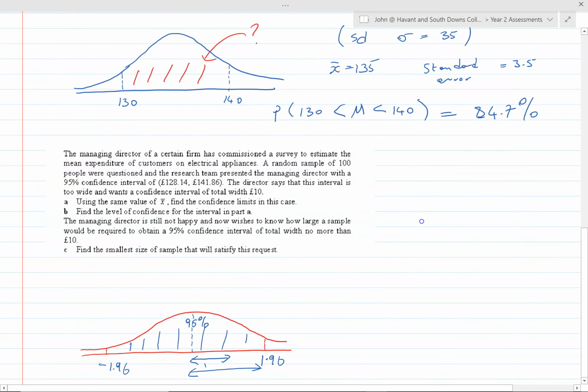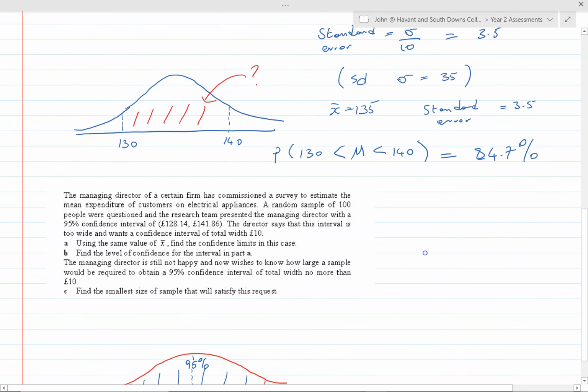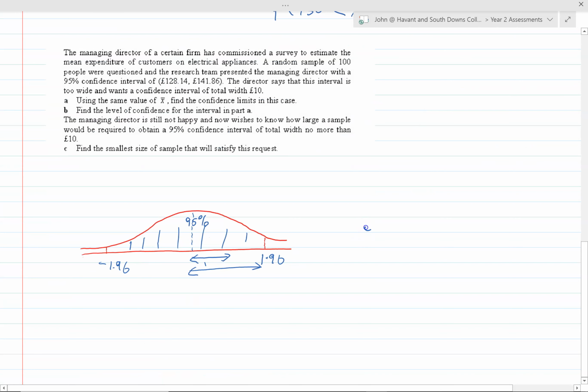We know one of the reasons I distinguish between standard error and standard deviation. The new standard error now will be sigma over the square root of n, which is equal to 35 over the square root of n, because it's the original standard deviation of the actual parent distribution divided by the square root of n is our standard error.